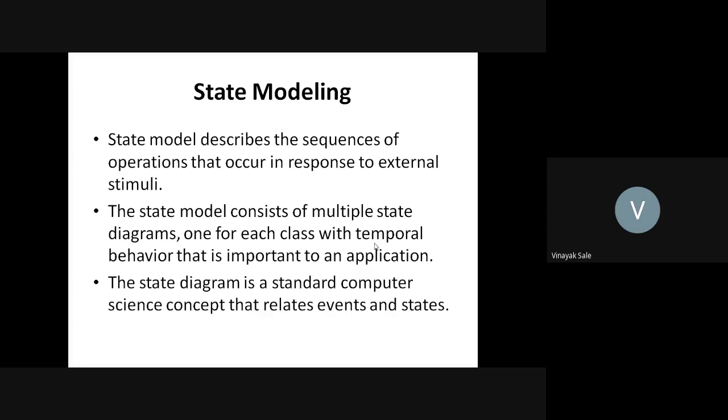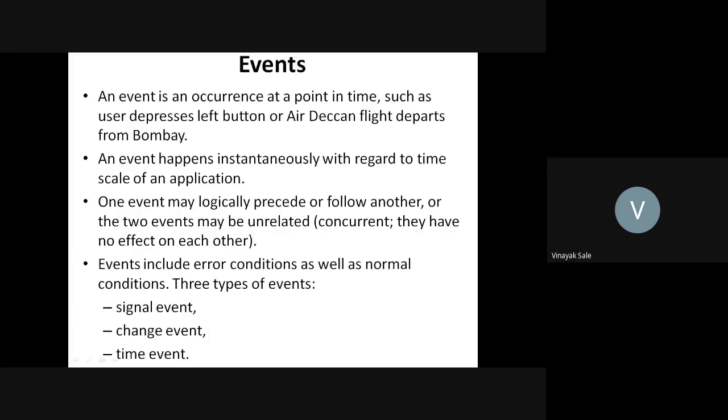So a state diagram is a standard computer science concept that relates events and states. What is an event? An event occurs at a time, such as the user depresses the left button, or Air Deccan flight departs from Bombay.